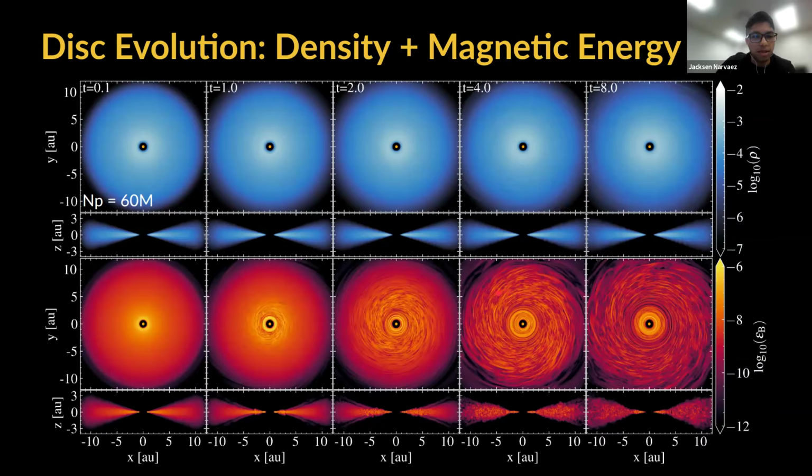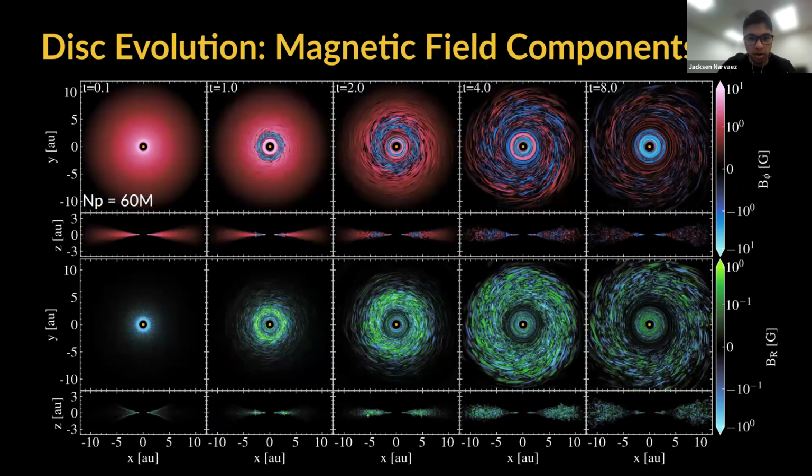We can also observe this in the magnetic field components. Here I show the toroidal magnetic field, and here the radial magnetic field. As I mentioned at the beginning, we only had toroidal magnetic field, but after just the first few orbits, there is this generation of turbulent radial magnetic field, first in the inner regions, then in the outer regions of the disk, and the same with the perturbation of the toroidal magnetic field.